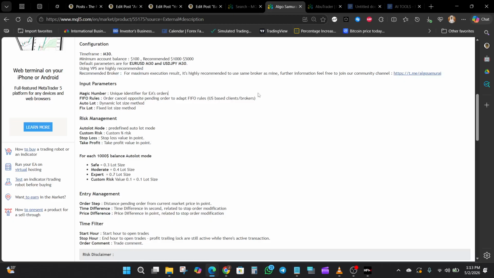So that's typically done to catch momentum or breakout type movements without entering prematurely. There are also time filters in place, meaning the EA only trades during specific hours, likely to avoid low liquidity sessions or unstable market conditions. So overall, this is shaping up to be a structured rule-based system that balances entry precision with controlled risk management.